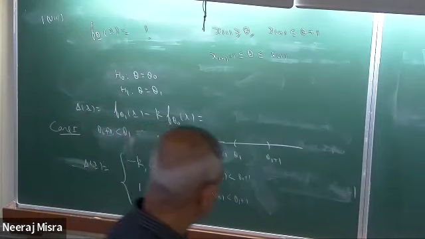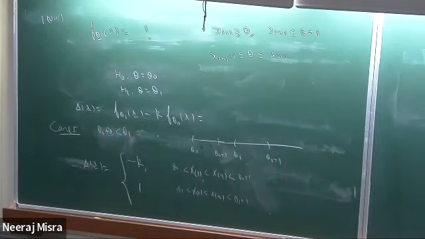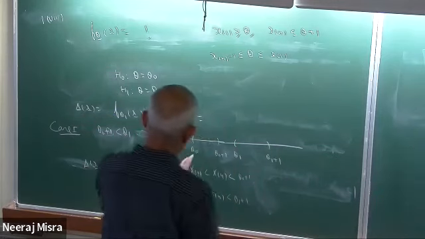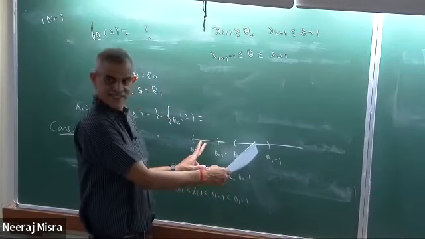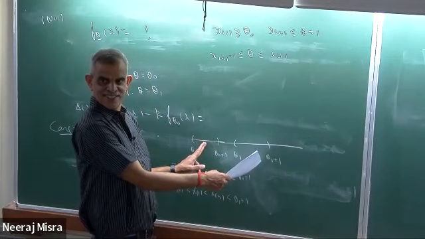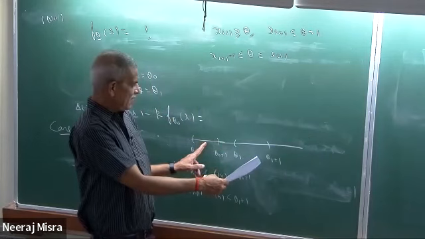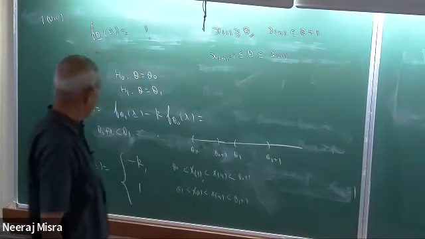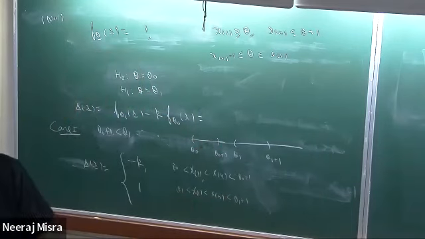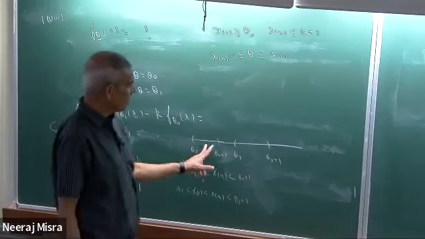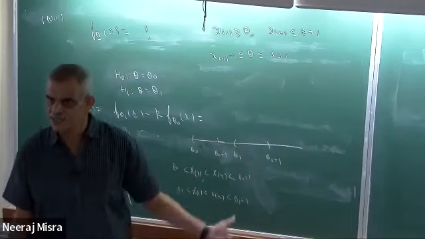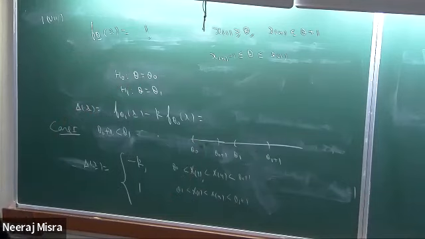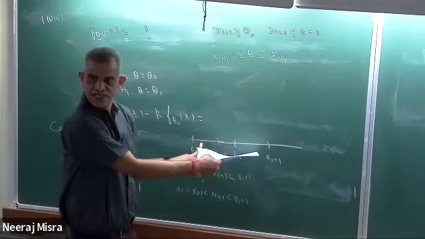What about other things? The other possibility is that x1 is over here and xn is over here. The smaller one is over here and the maximum is over here, then both are 0.